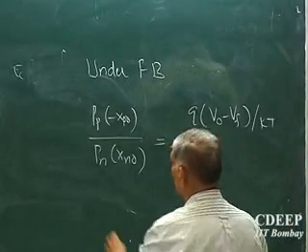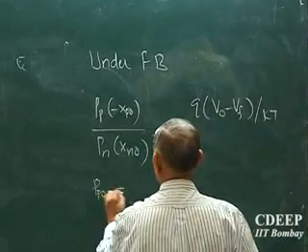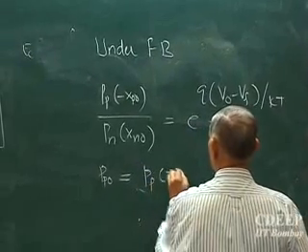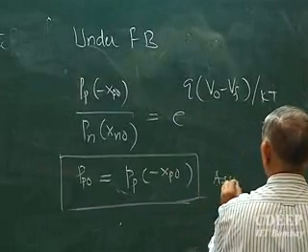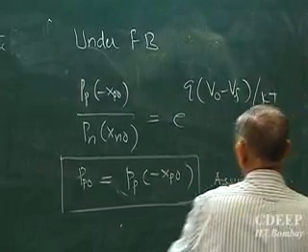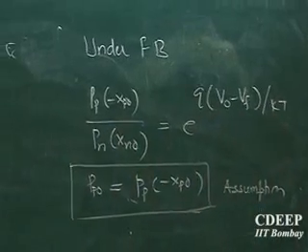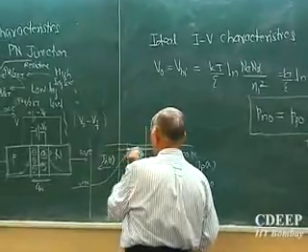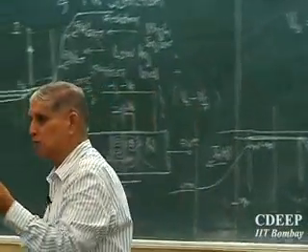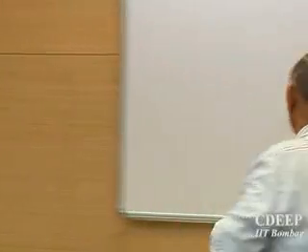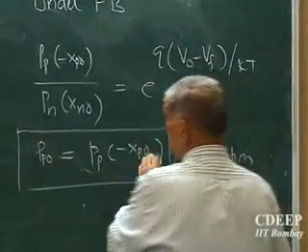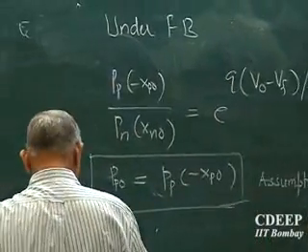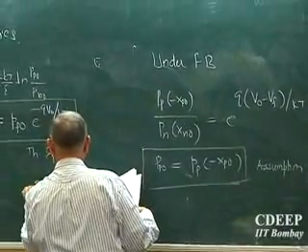Now my assumption is p_p0 is p_s of p at minus x_p0. What is this assumption trying to say? That whatever is here is same as here. In reality this may not be. There is some diffusion, some recombination close to that may occur, so they may not be exactly equal. But our assumption is p_s of p0 is equal to p_s of p at x_p0. If this assumption is made, divide these two equations and I get this relation.